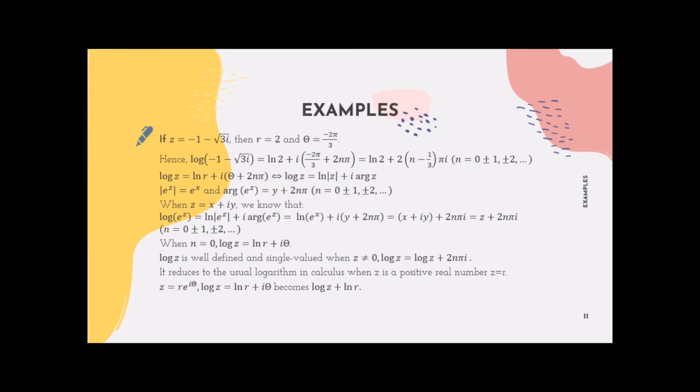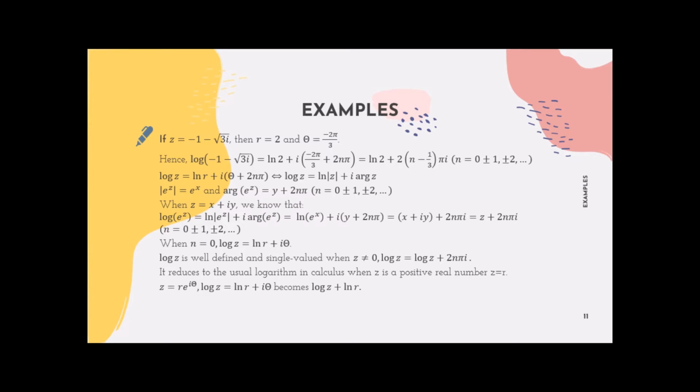The absolute value of e^z equals e^x, and the argument of e^z equals y + 2nπ for n = 0, ±1, and so on.